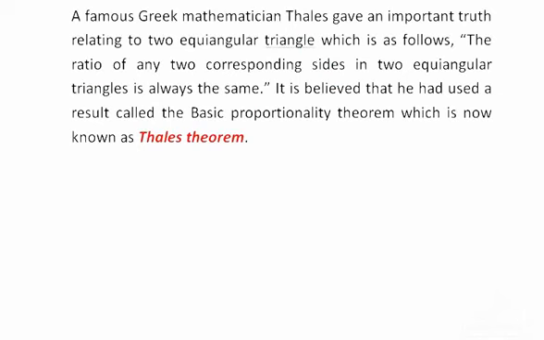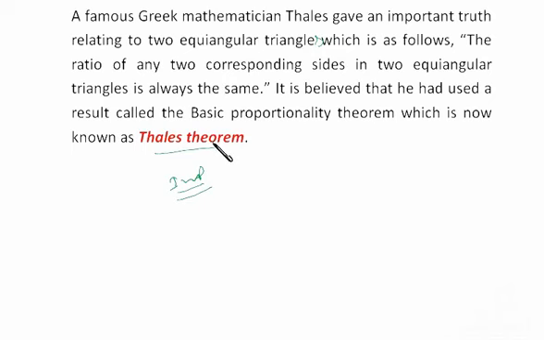Now friends, a famous Greek mathematician Thales gave an important truth relating to two equiangular triangles, which is that the ratio of two corresponding sides in equiangular triangles is always the same. It is believed that he had used a result called the basic proportionality theorem, which is now known as Thales theorem, right? So Thales theorem is going to be an important theorem from the examination point of view.